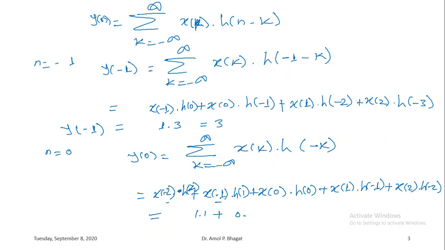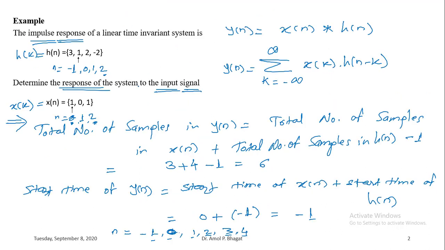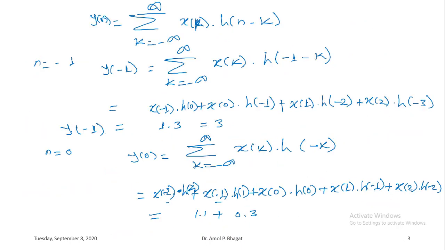X of 2 is 1 and h of minus 2 is again 0, so again it will be 0. So simply the value which will come here is 1. So y of 0 will be 1.